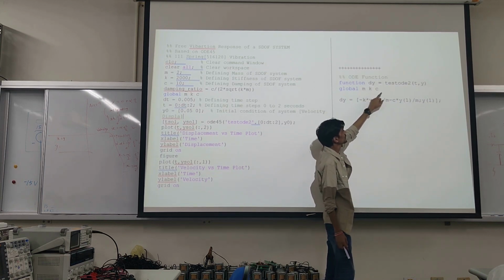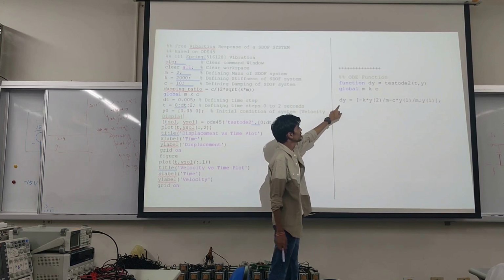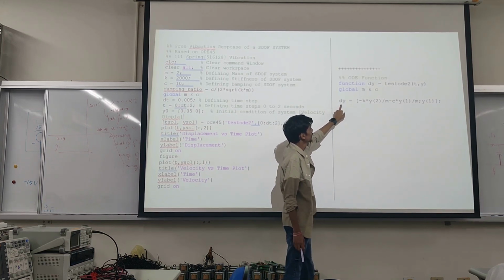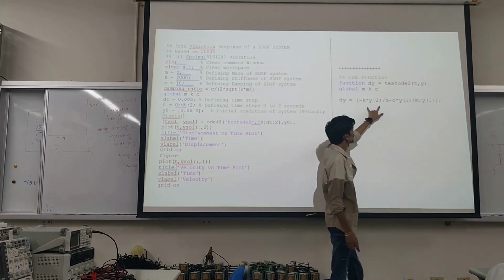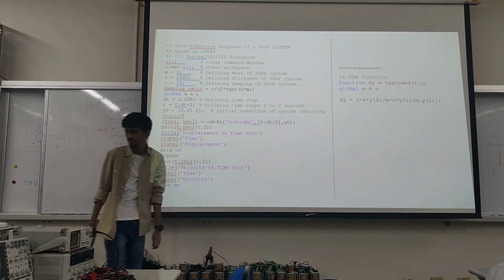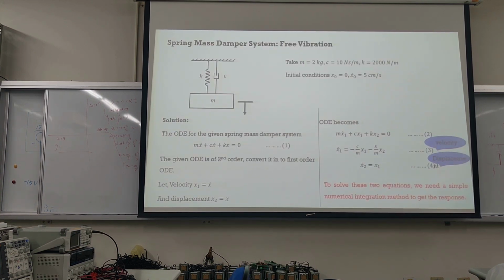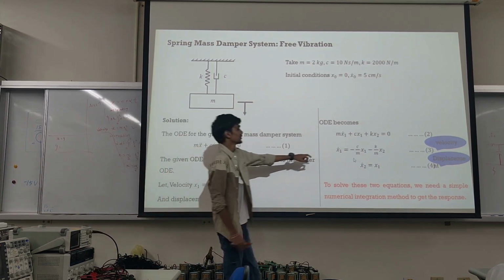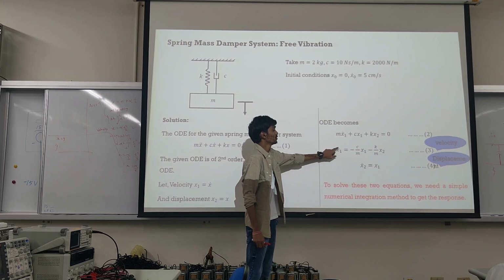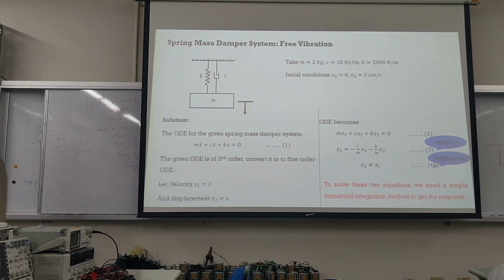So our velocity is a function of t and y. So dy is equal to, that is our equation 3. This velocity we are going to use for the ODE 45.